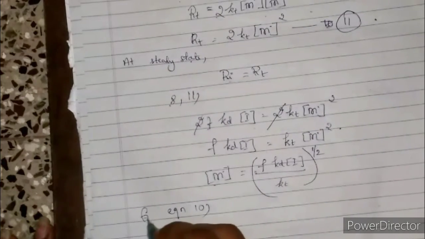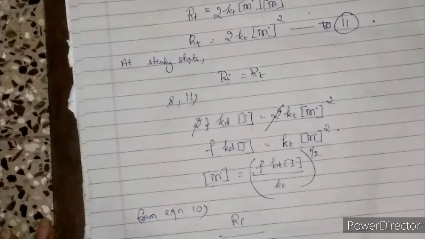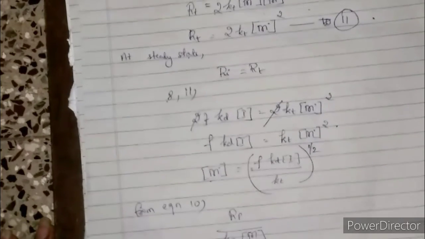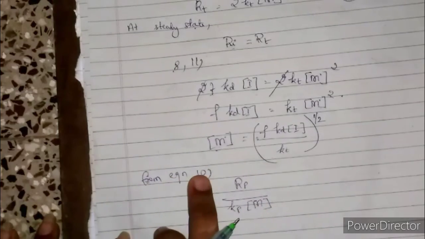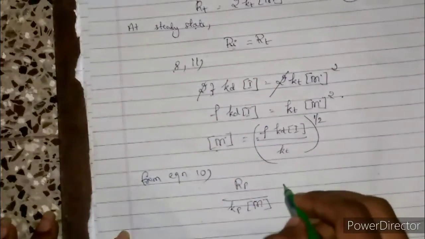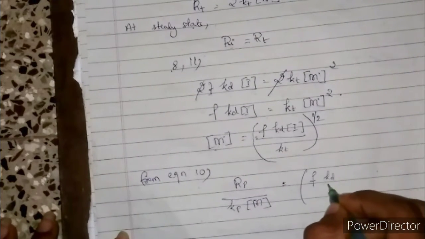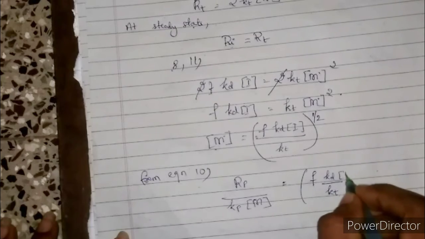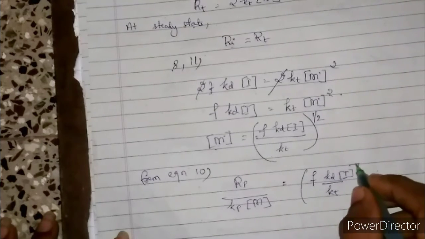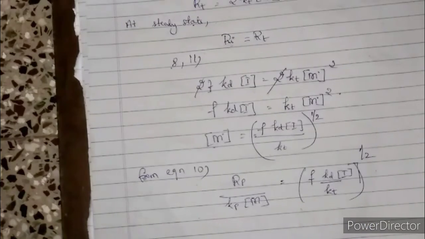From equation number 10, what do we have? We have Rp equal to Kp into concentration of M free radical into concentration of M. Substitute this in place of the concentration of M free radical, writing the right-hand side as F Kd by Kt into concentration of I to the power half, or you can simply write the square root, no problem.